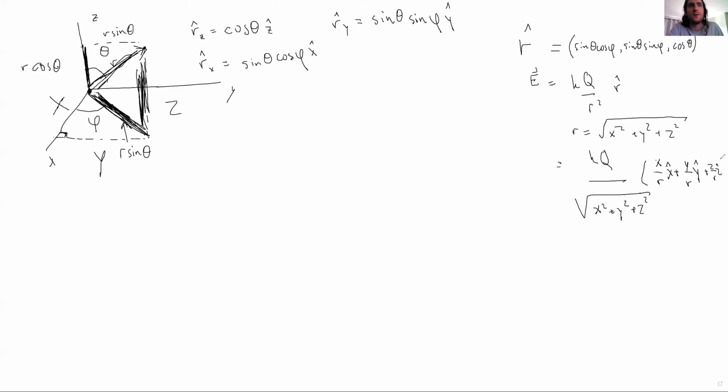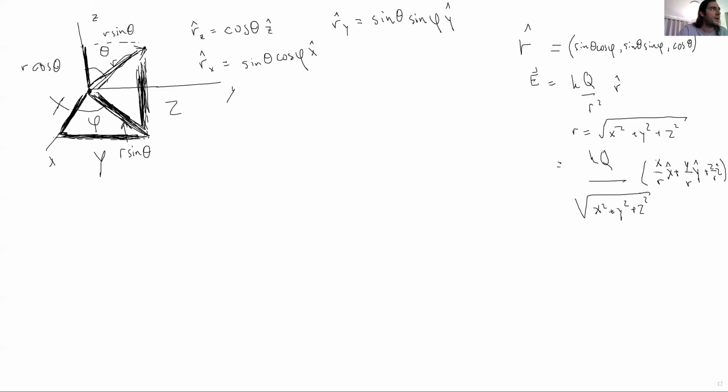Let's see how we can change r hat into this expression here. Well, we come back over here to our diagram. And we see obviously that this component of that vector is the x component, which is just x. This component here is the y component, which is just y.